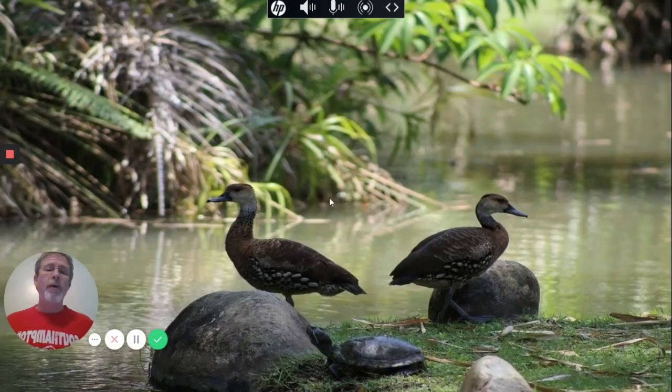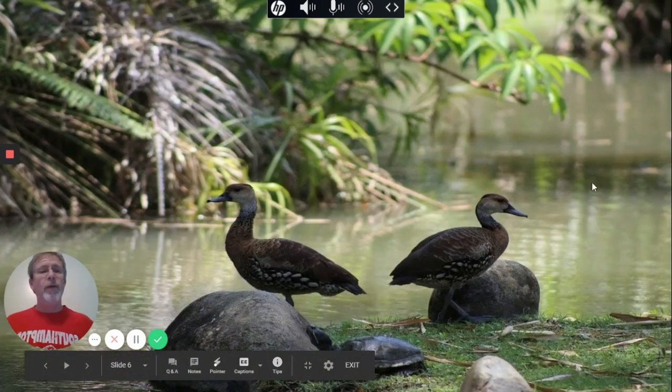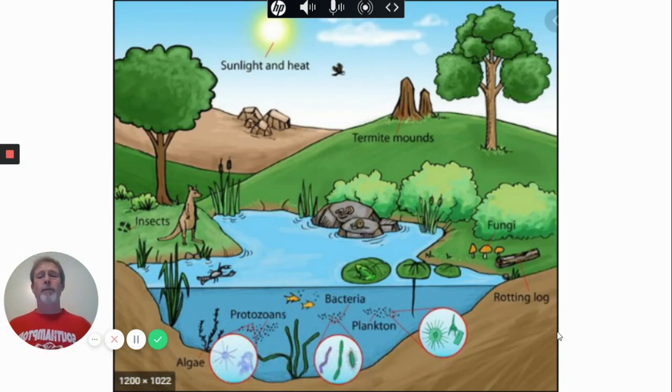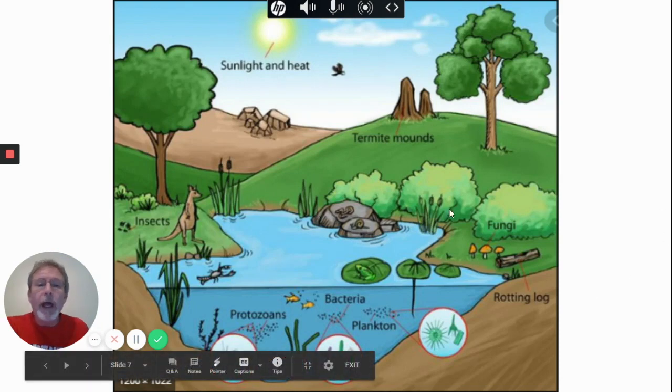So how could these organisms use other things in their environment? Here is an ecosystem. When you look at this, think about how certain things need other things.